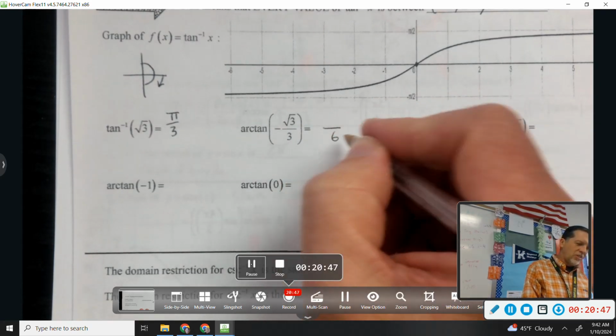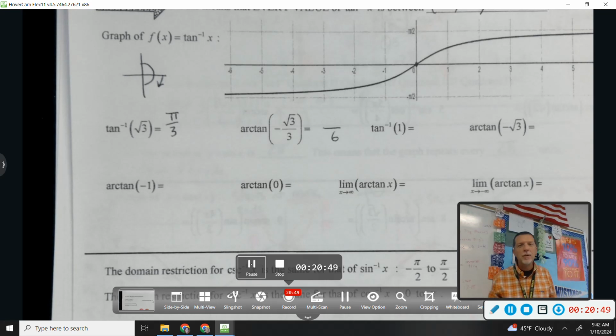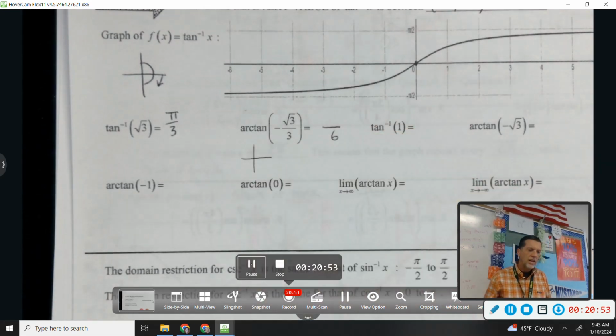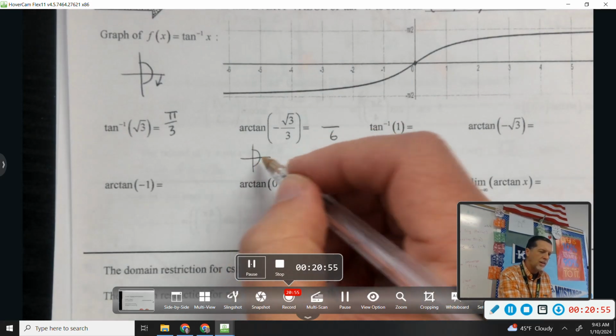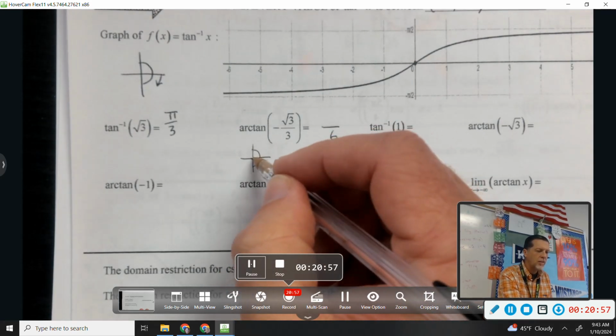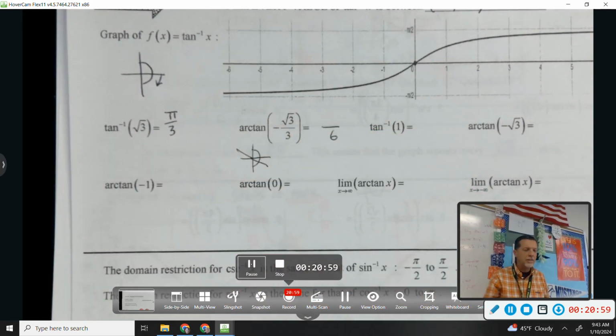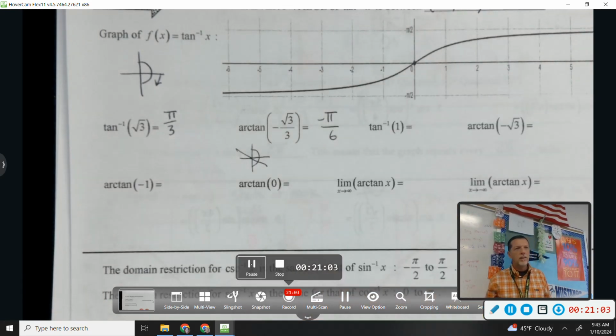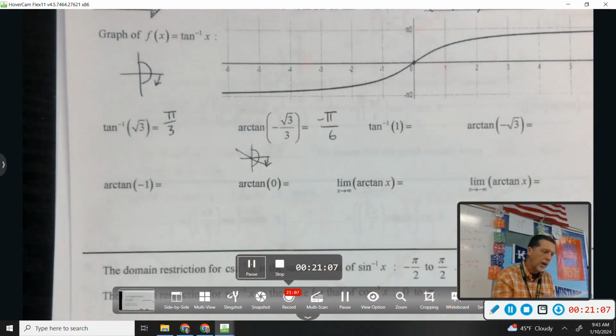Well, there's 2 3s, so it's definitely a 6. And it's negative in the second and fourth quadrant, but I'm not allowed to go to the second quadrant for tangent, so negative pi over 6. Not 11 pi over 6. You have to get there the quick way.